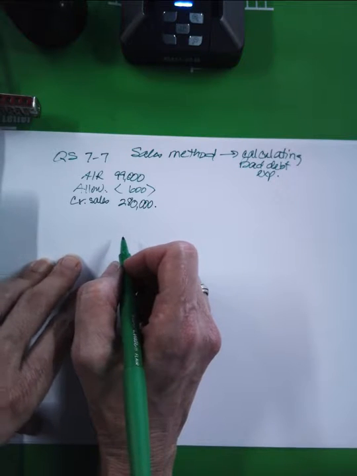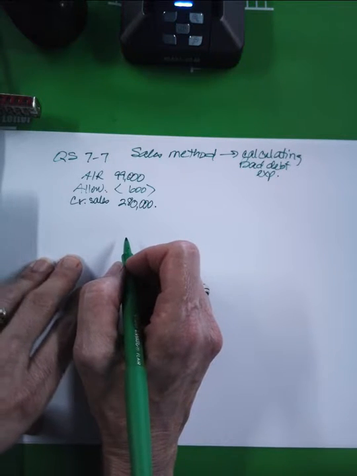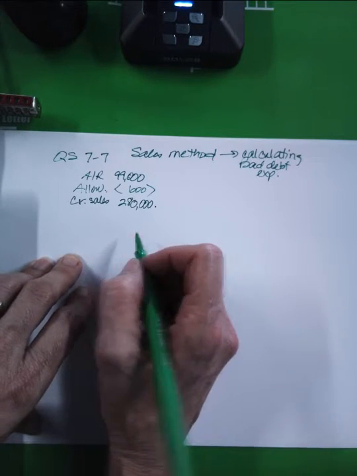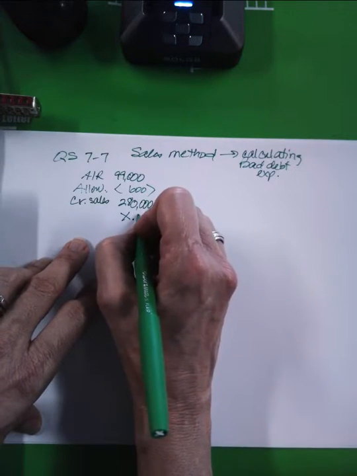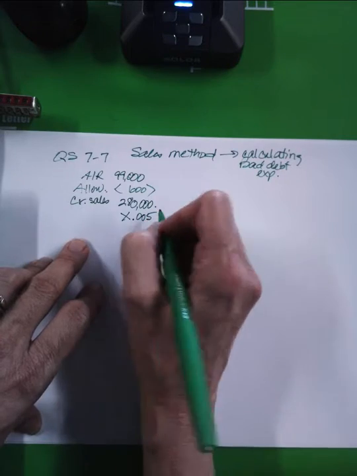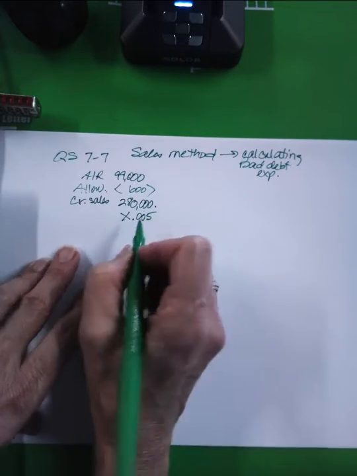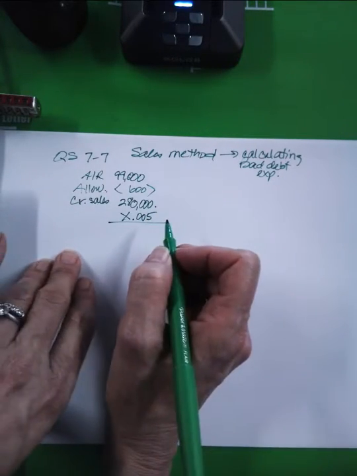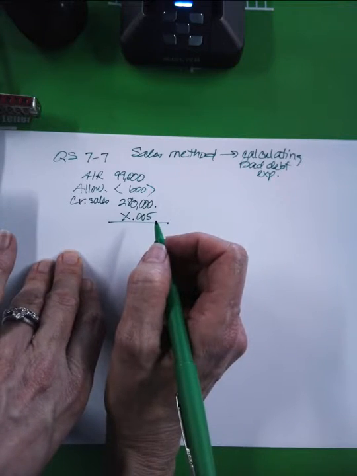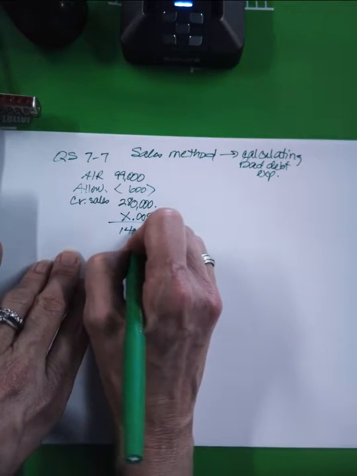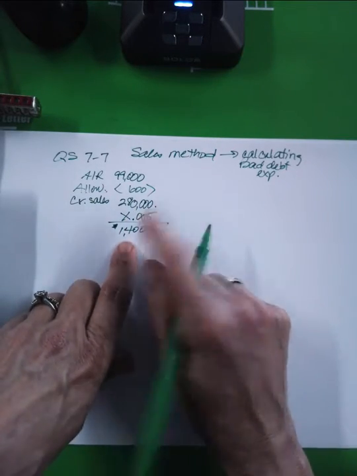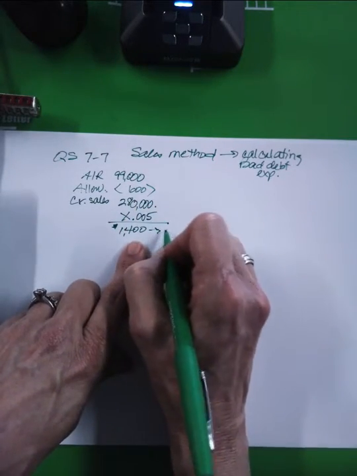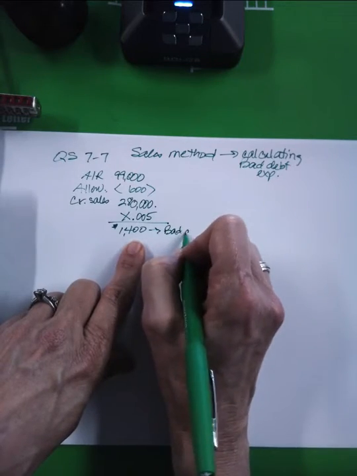Uncollectible accounts are estimated to be 0.5% of sales. So if I take 280,000 times 0.005, that would be 0.5%, and that is going to work out to be $1,400. So $1,400 is the bad debt expense.